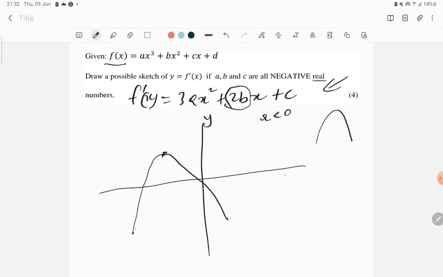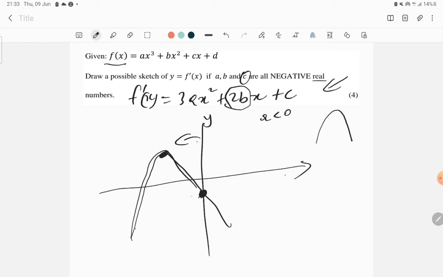Now coming to c, if c is negative, that means it has to cut the y-axis below the x-axis. So the turning point must be on the left side of the y-axis, and the shape must be concaving downwards because a is negative.